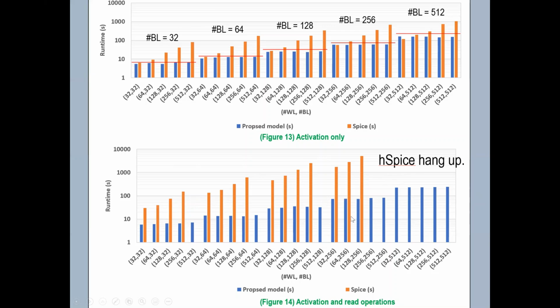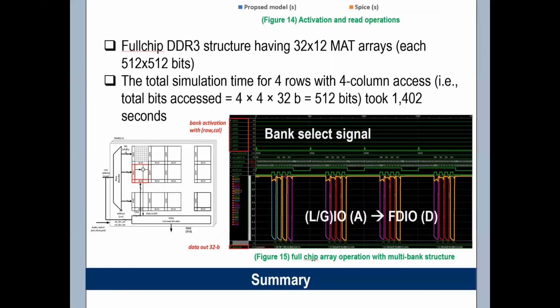The column access operation does not require any additional internal analog circuit computation in the simulator, so the runtime improvement is much better. We also tested a full chip dense array model of 1 gigabit, each bank having 32 by 12 subarrays. After a bank is activated, 4 by 4 columns have been read.